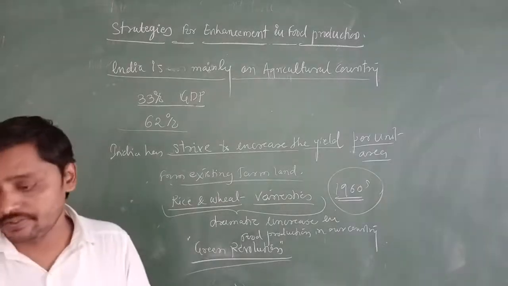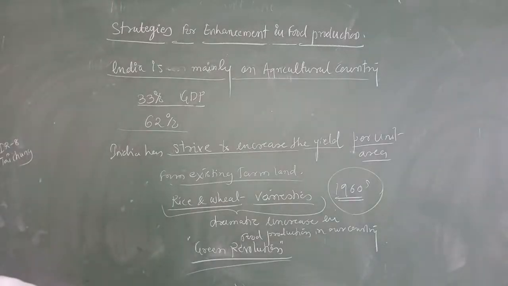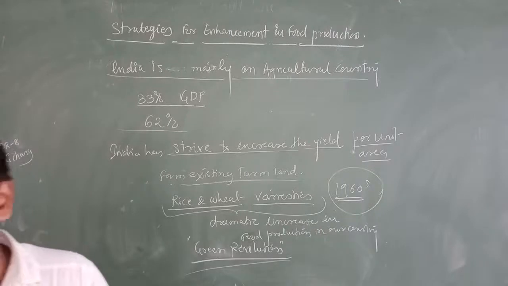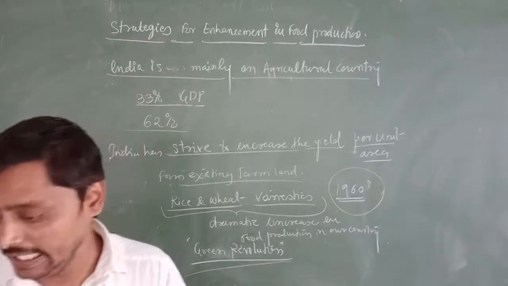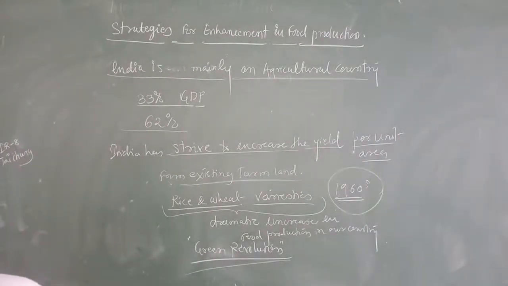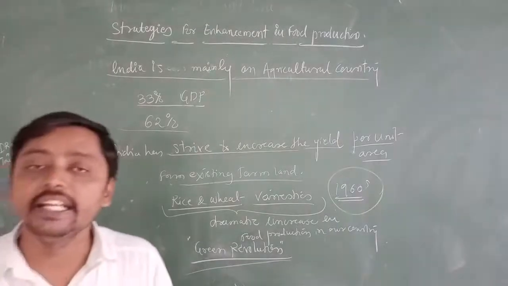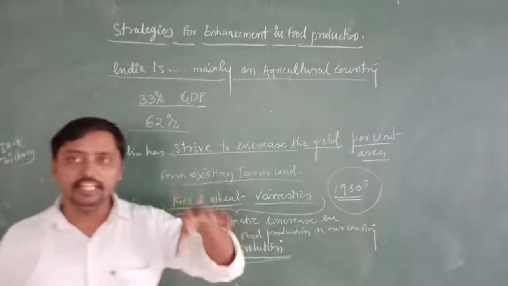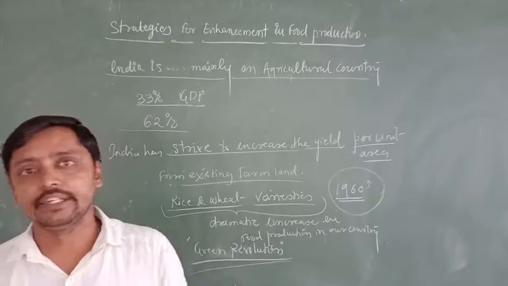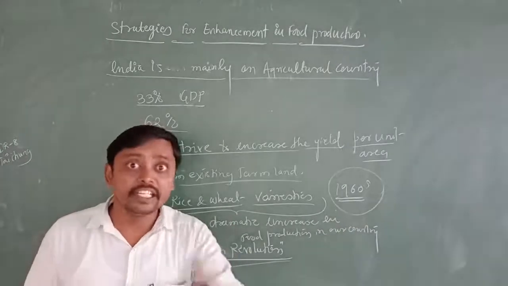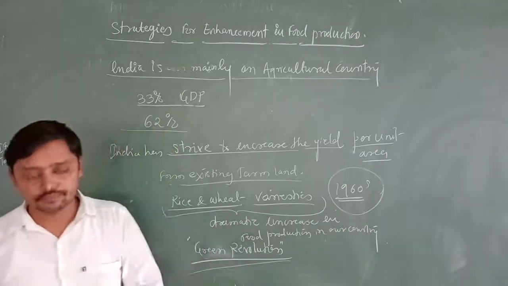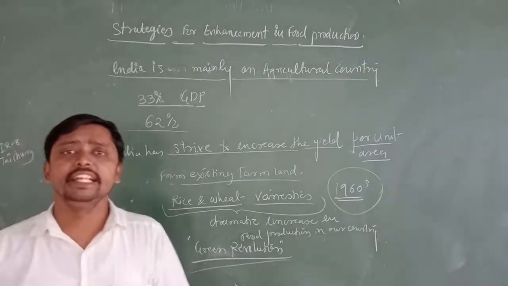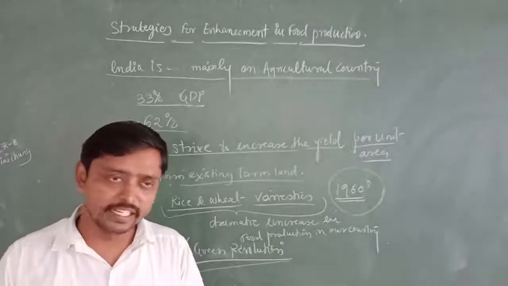After independence, one of the main challenges facing the country was the production of enough food for the increasing population, and only a limited area is under cultivation in India, and from that limited land we have to fulfill the need of food for the increasing population.